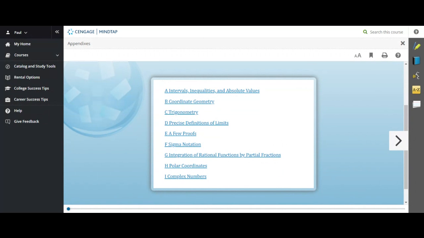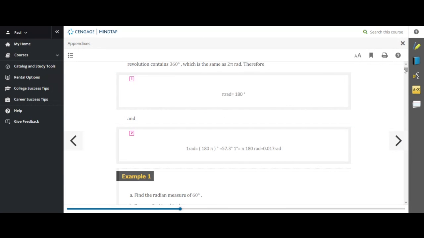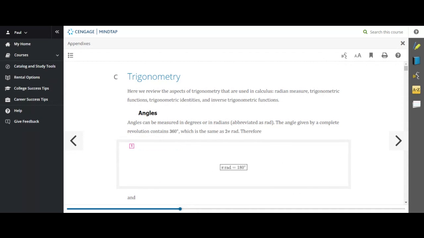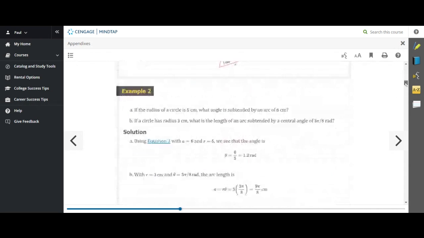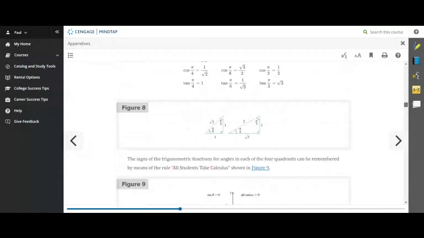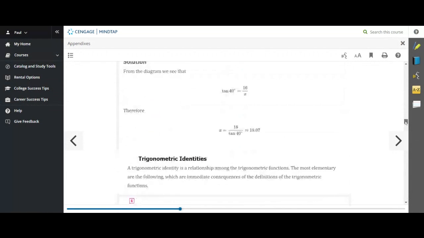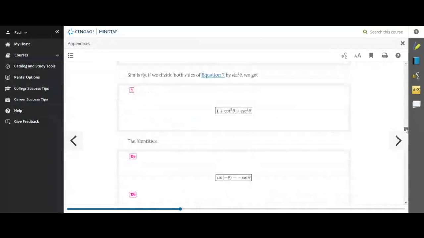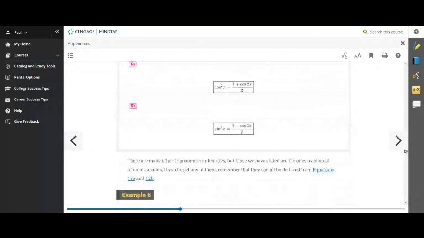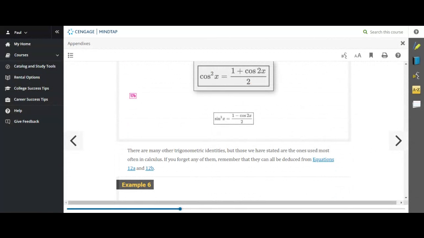We'll select that, and you get Appendix C on trigonometry. It really reviews trigonometry nicely, and there are some of those right triangles that we talked about. It's a nice review. There are some identities, and this is the identity that we're going to use here.